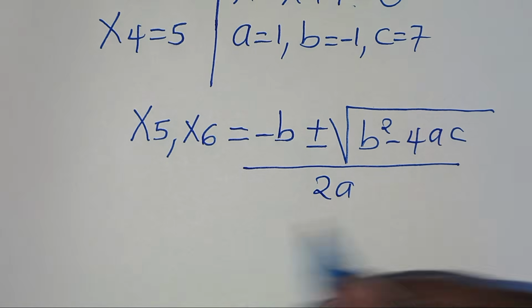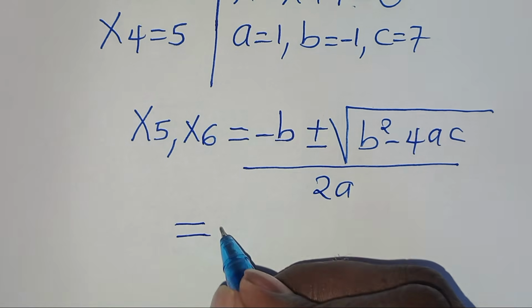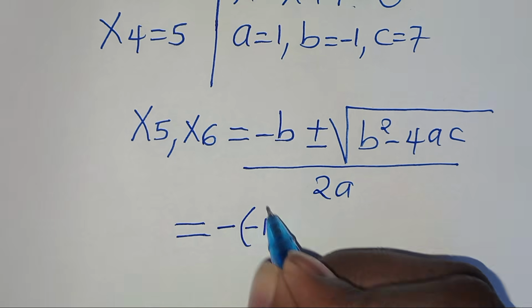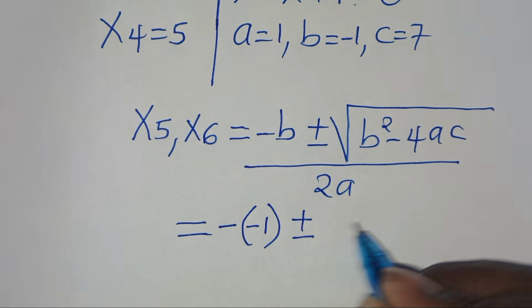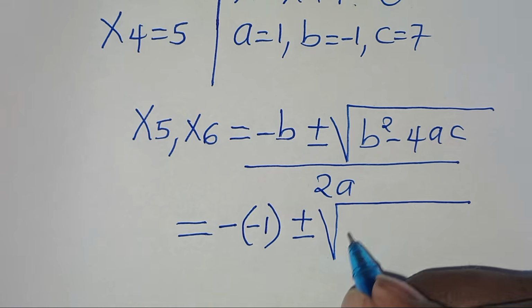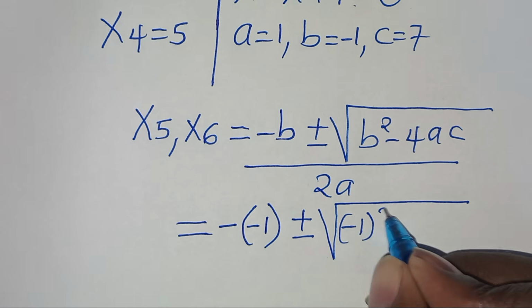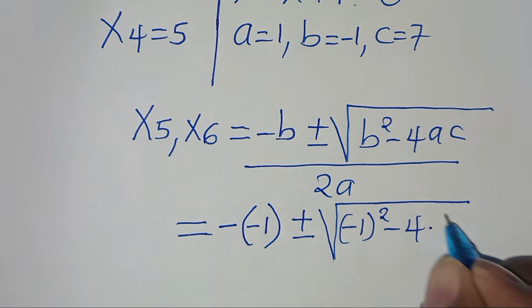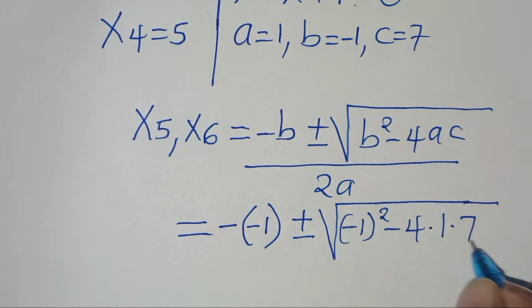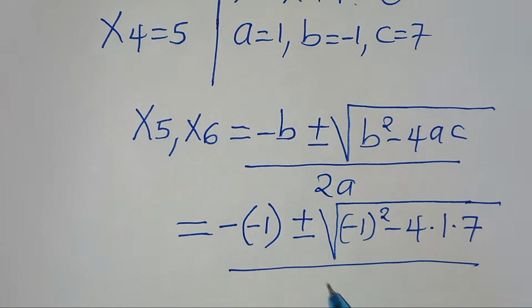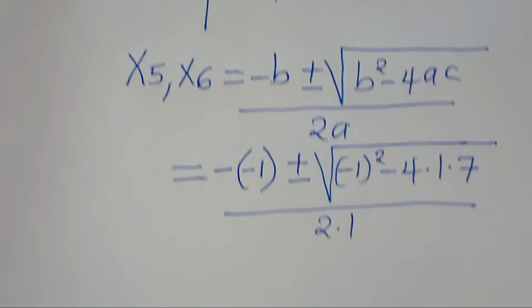So let's substitute the values of a, b, and c so that we have negative times negative 1 plus or minus the square root of negative 1 raised to the power of 2 minus 4 times a, which is 1, then times c, which is 7, divided by 2 multiplied by 1.